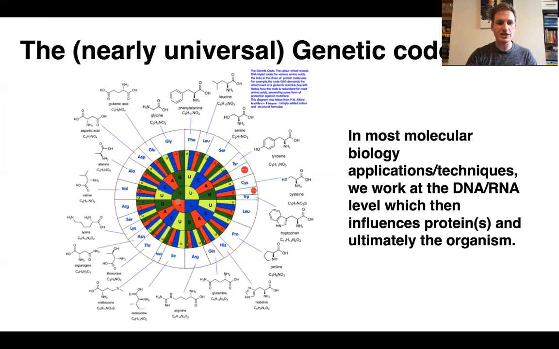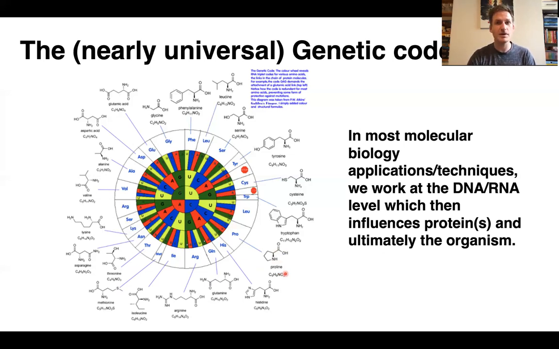For example, a gene sequence with GAA will encode glutamic acid, or a sequence encoding CCC will be proline, the amino acid. And in nearly all organisms, this code is universal.